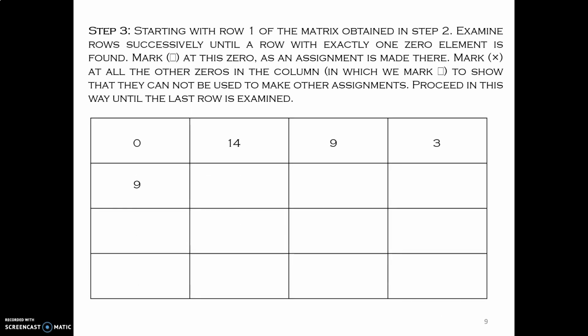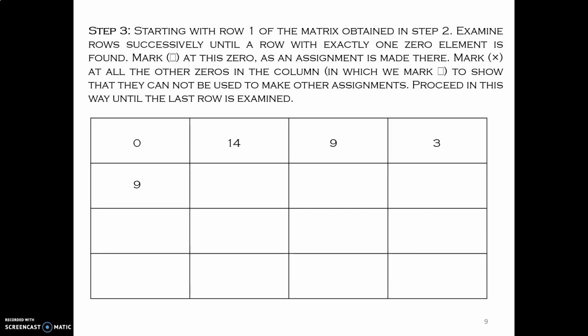The next step: as an assignment is made there, mark a cross at all other zeros in the column in which we marked the square. If there are any other zeros in column number 1 or row number 1, I would be marking them with a cross to show that they cannot be used to make other assignments.